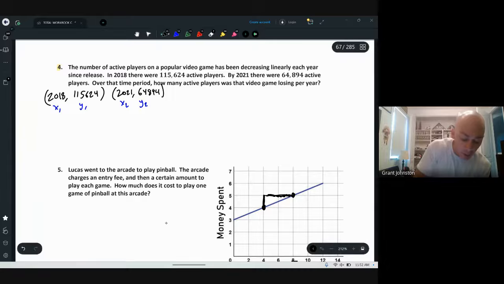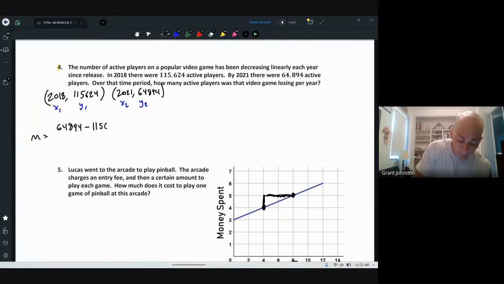So on the numerator here, we have 64,894, take away 115,624. This is going to tell us how much it went down in terms of their active players. And then the bottom would be the years. It would be how many years have passed, which we already know is 3. 2021 minus 2018, that's 3 years.